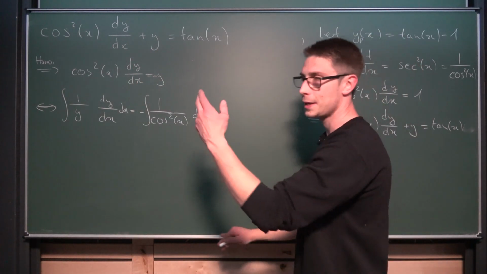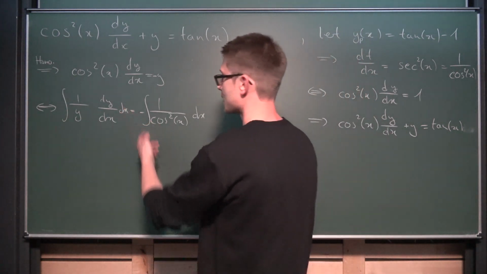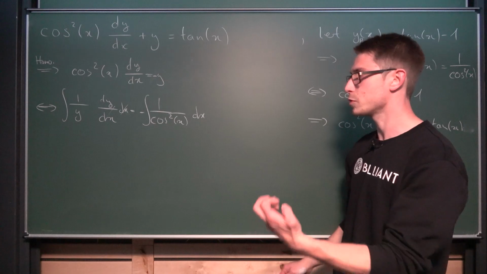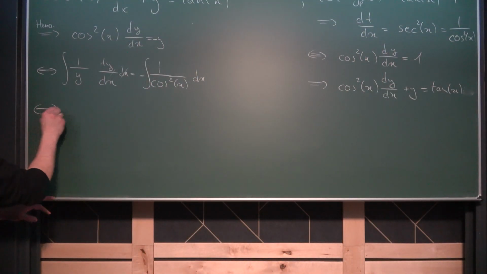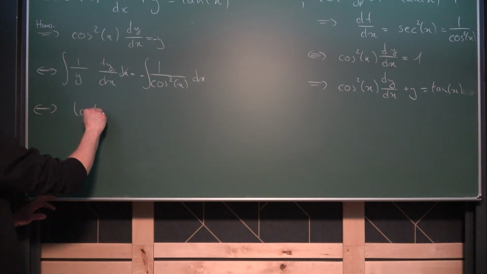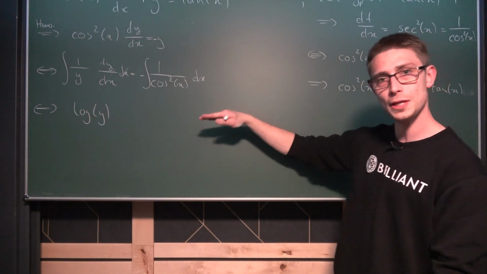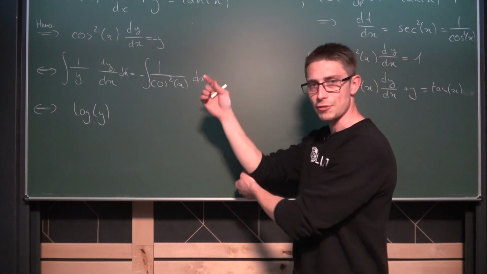Now, in physics terms, you can say that the dx is going to cancel out, meaning we are just going to integrate 1 over y with respect to y, leading to the natural log of y. So on the left-hand side, we are going to get the natural log of y plus some arbitrary constant c, but we can bring it to the other side and absorb it in the other constant that we are going to get on this indefinite integral.